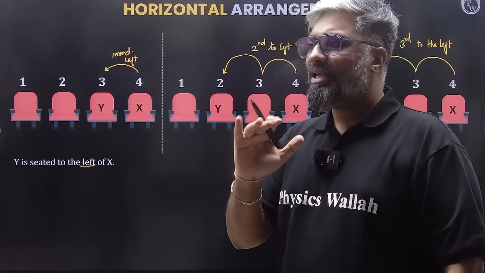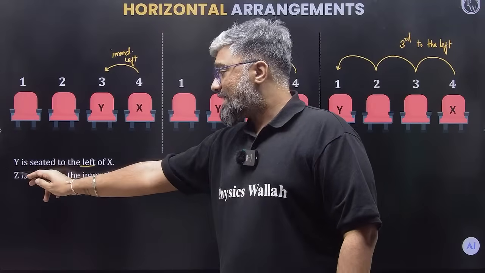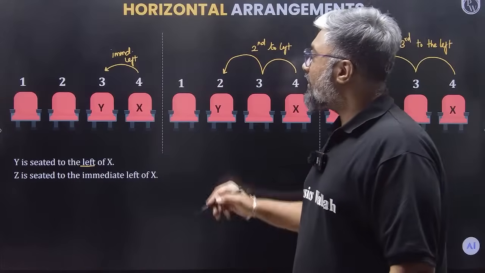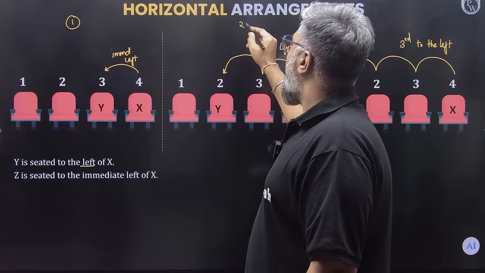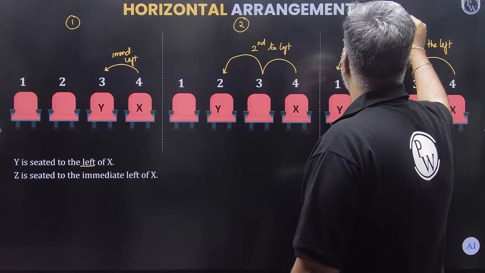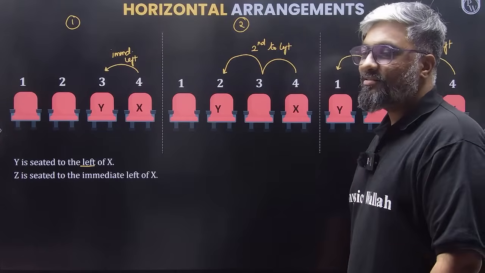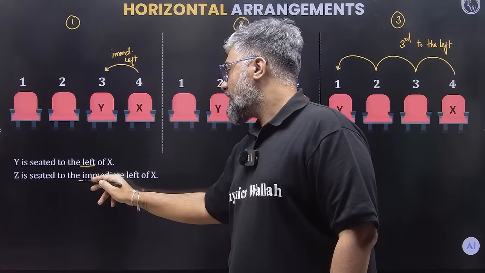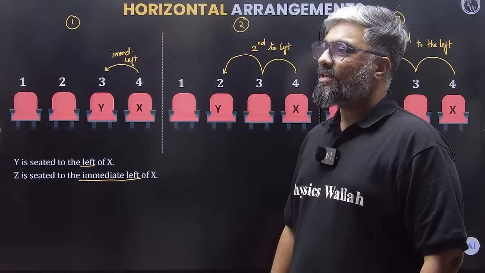All right. Now let's say there is one more condition. Let's say the other condition is Z is seated to the immediate left of X. Now tell me, among case 1, case 2 and case 3, which case can be eliminated?